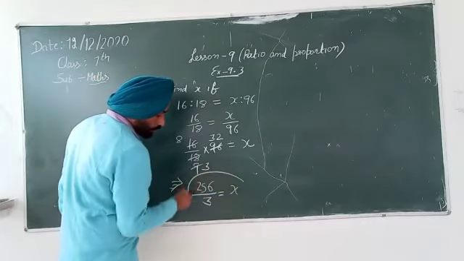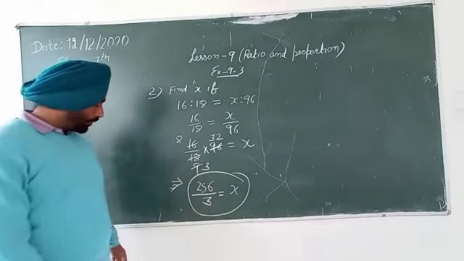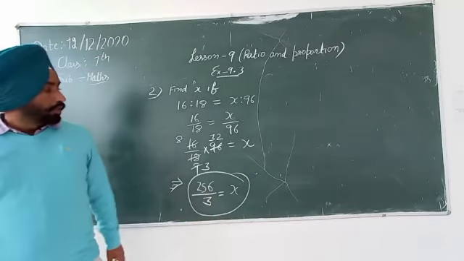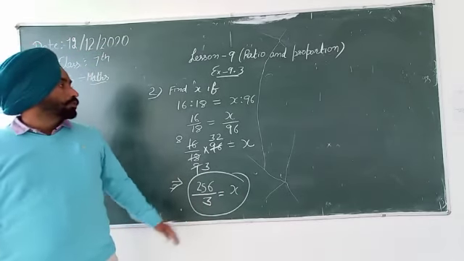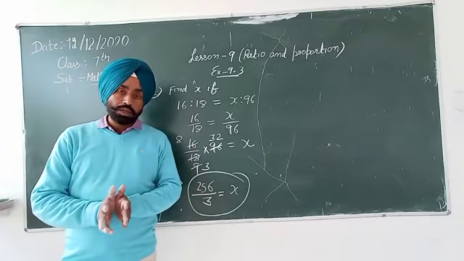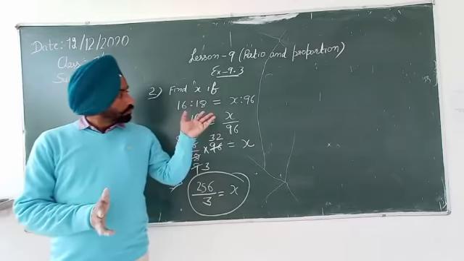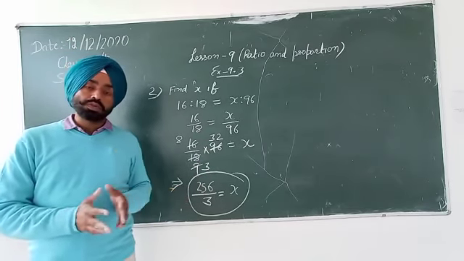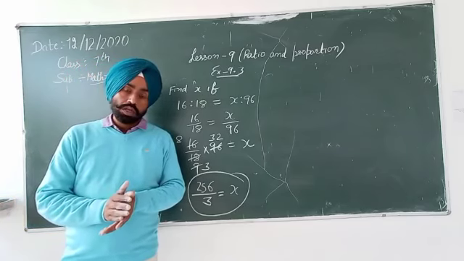So x is equal to 256 upon 3. Clear? In that way, we can solve any problem based on proportion. This is all about your lesson. So just follow the rules and try to solve the questions. Thank you.